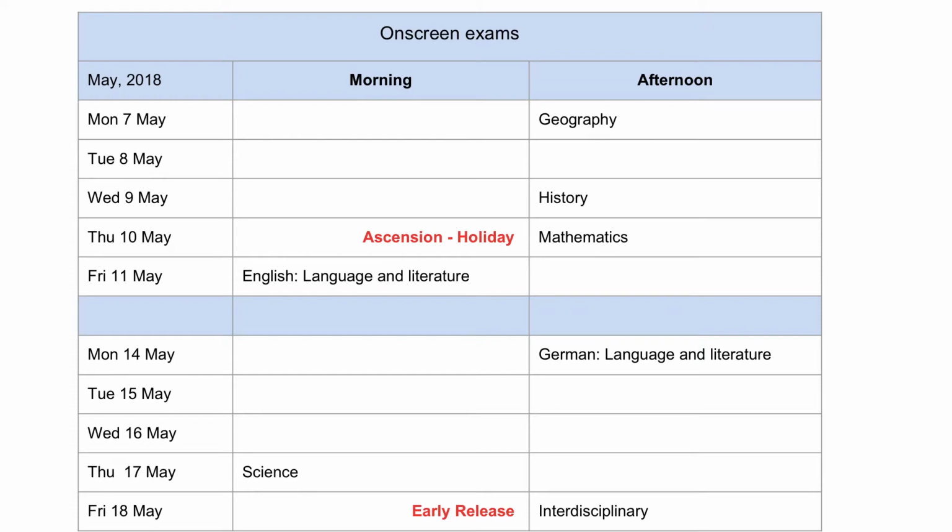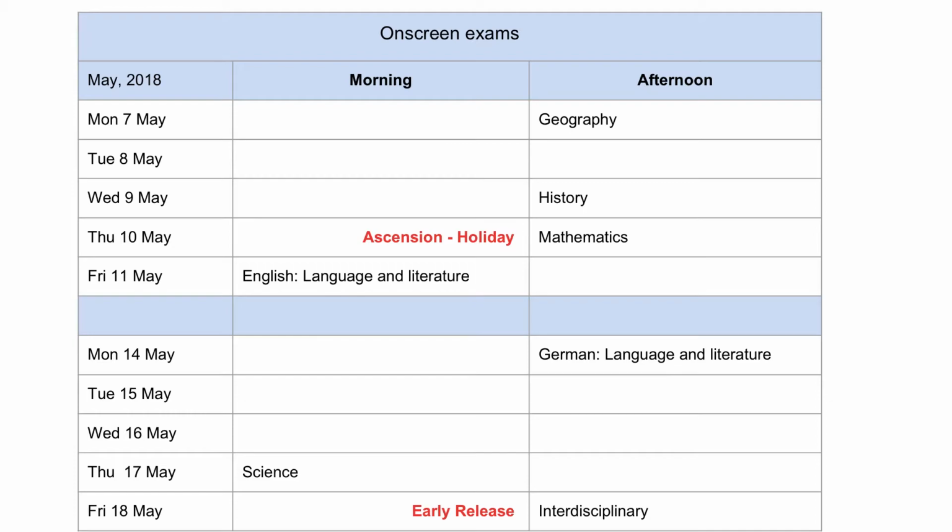Later in the year, students will receive an individual exam schedule showing exactly when and where their exams take place. At this point, you can see the day of the exam on this slide and whether it's in the morning or the afternoon. Please note that Thursday the 10th of May is a public holiday, but these IB exams are global, so students still have to come to school on that day for the math exam.